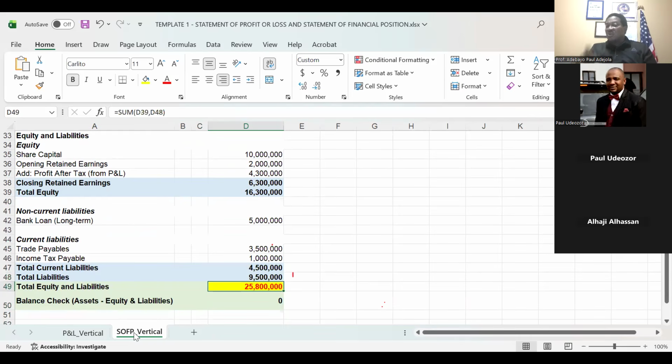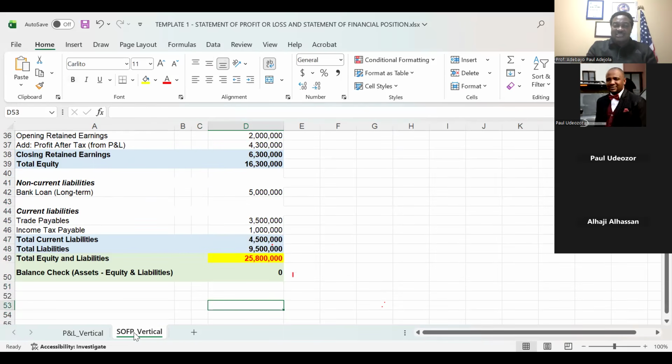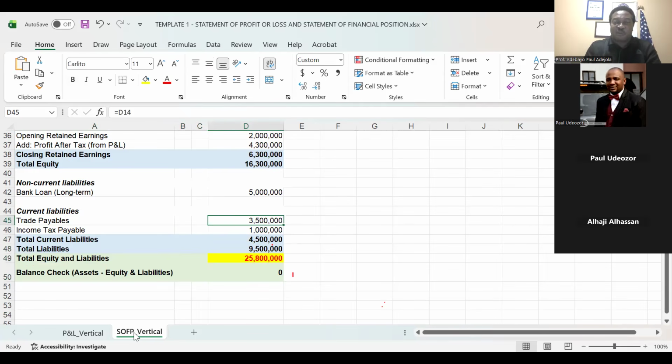It means ownership is equal to ownership. Assets are what you own. Liabilities are what you owe. And here, there is even a balance check for you to check the accuracy of your work. There is no need to test run this. But if, for example, instead of 3.5 million, I decide to put 3 million for trade payables, just watch.